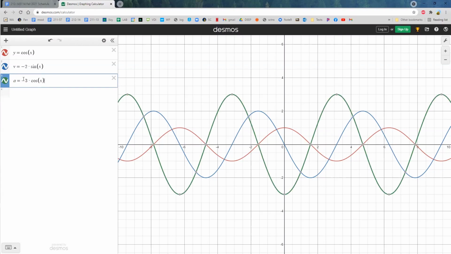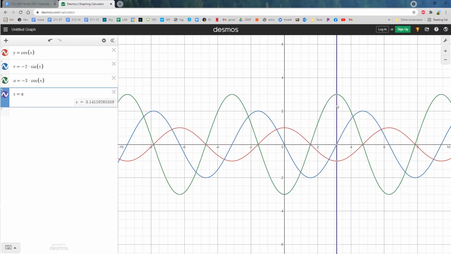Okay. All right, so I've got to figure out, where do I have a maximum acceleration? Right here. Here's a maximum acceleration. What's going on when I have this maximum acceleration? Let me just add x equals pi. Right here, this blue line. So this green curve is my acceleration.